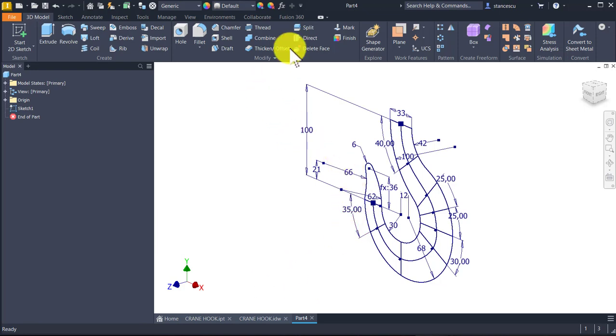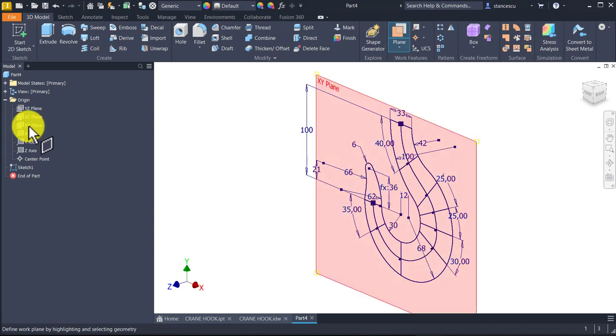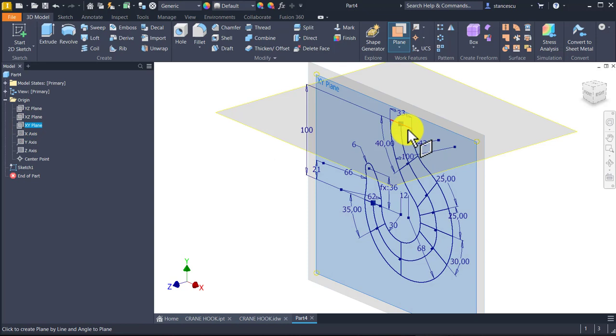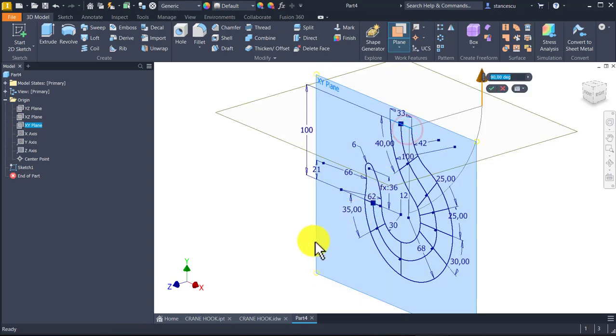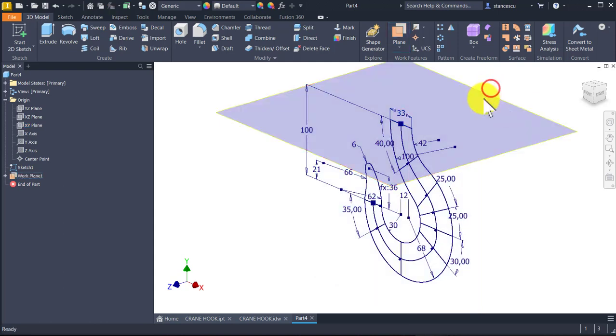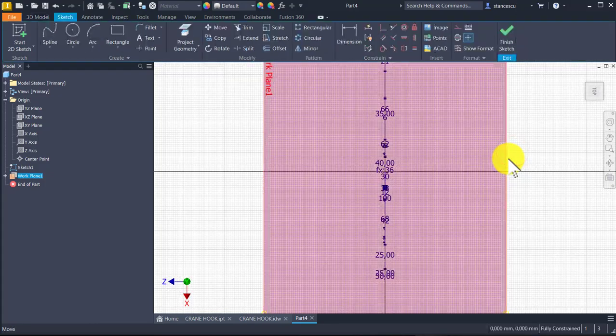Let's do this. We create a plane perpendicular on the XY plane, but containing this line at 90 degrees. Okay, this is for a sketch.